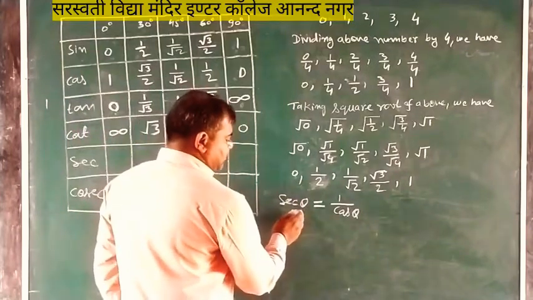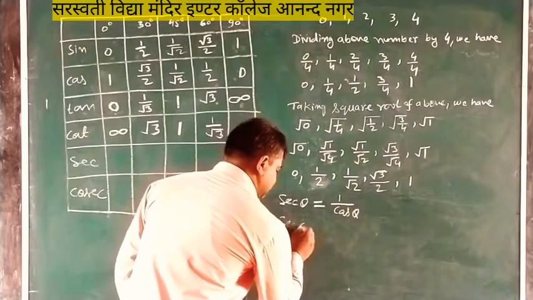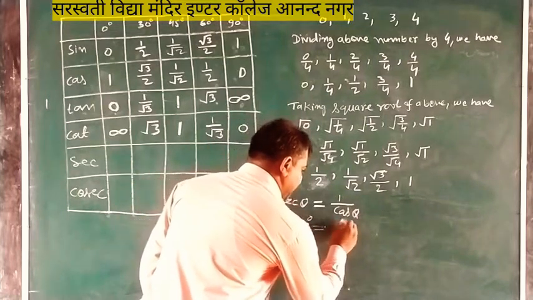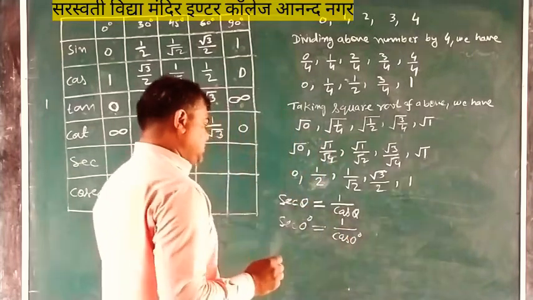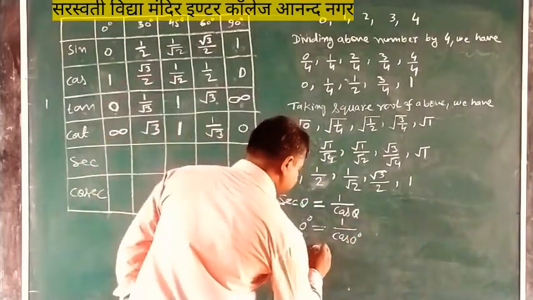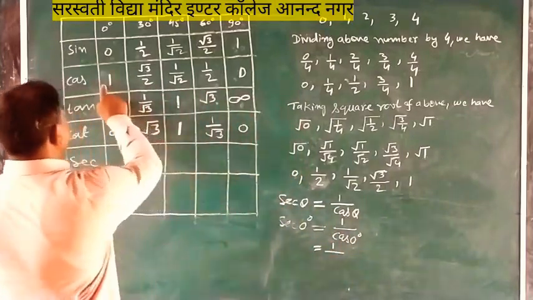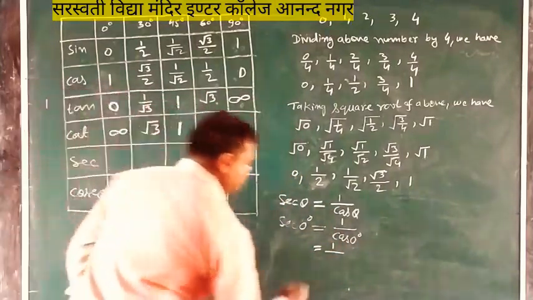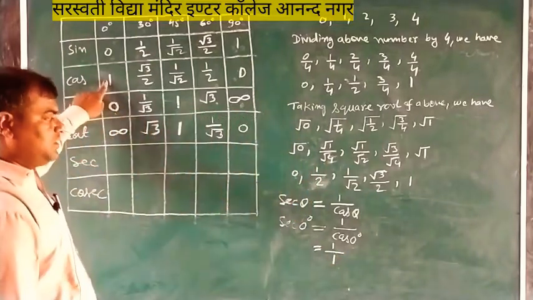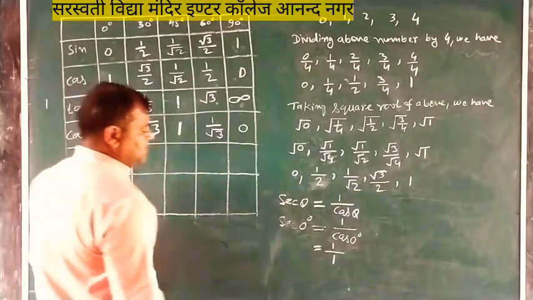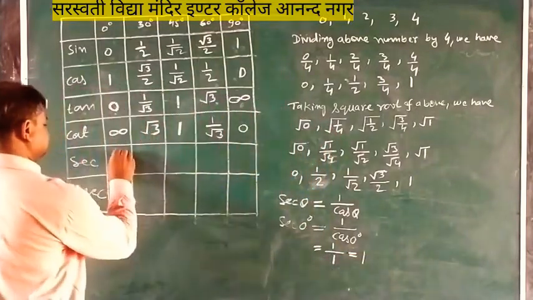And if we want to know the value of sec 0 degree, then it will be 1 by cos 0 degree. Cos 0 degree value is 1, then its value is 1, meaning the value of sec 0 is 1.